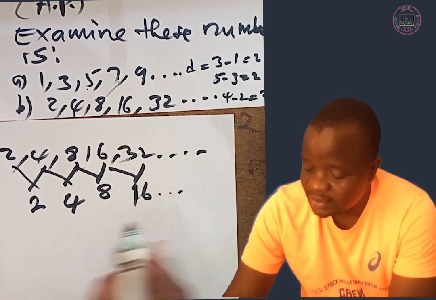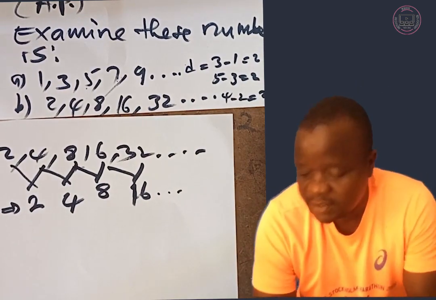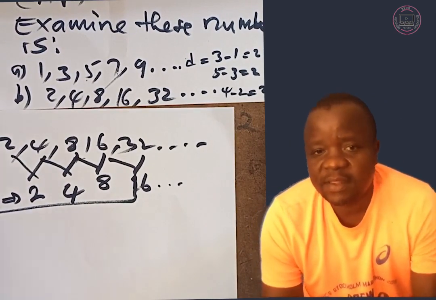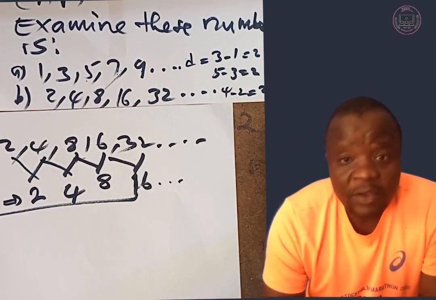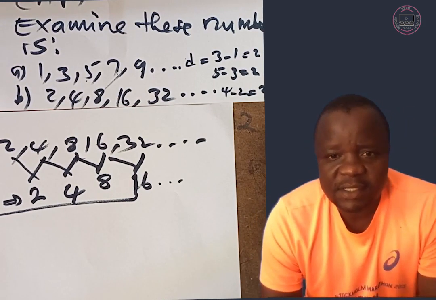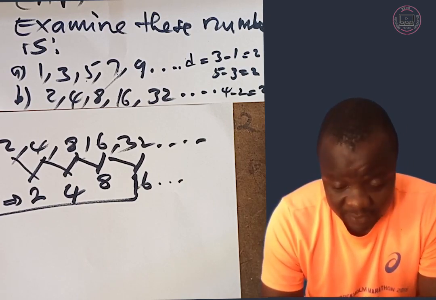So as you can see, the common difference D is varying. They are totally different. Therefore, we can conclude that the second sequence is not progressing arithmetically. Rather, it's a different sequence.